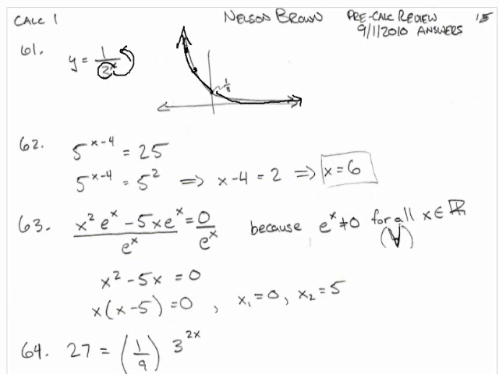So I could just write it with common bases and then say that in order for 5 to the x minus 4 to be equal to 5 squared, my exponent of x minus 4 has to be equal to 2. And then it just becomes solving a linear equation, right? So x has to be equal to 6.